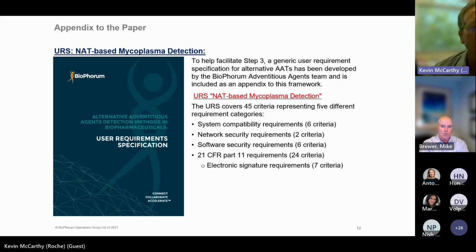The first section is system compatibility requirements, which had 6 criteria that we identified. The next one is the network security requirements with 2 identified criteria. Then we had the software security requirements with 6 criteria, and then the 21 CFR Part 11 with 24 criteria, 7 of which had to do with electronic signature requirements.